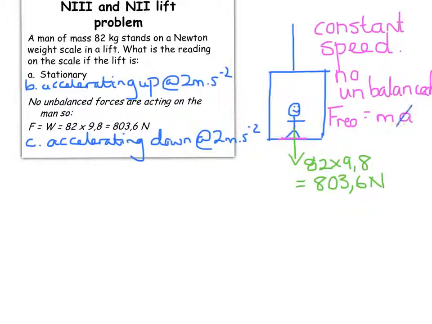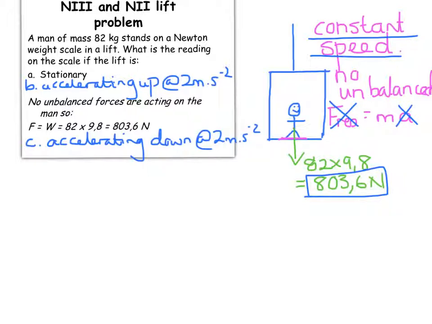If there is no acceleration, there is no unbalanced force. And therefore, the reading on the scale when there's a constant speed or a constant velocity is also going to be 803,6 newtons. But what happens when I now decide to speed this lift up or slow it down?